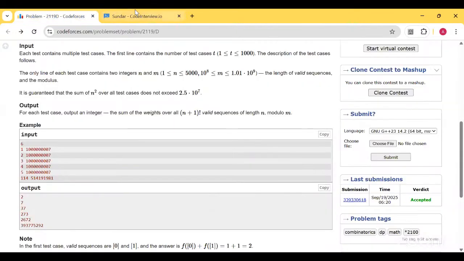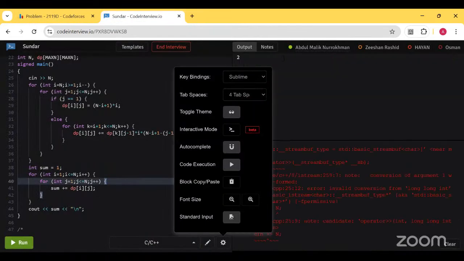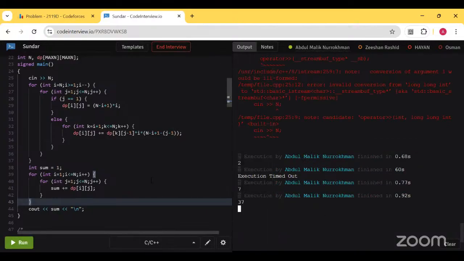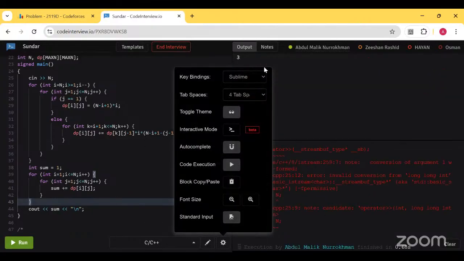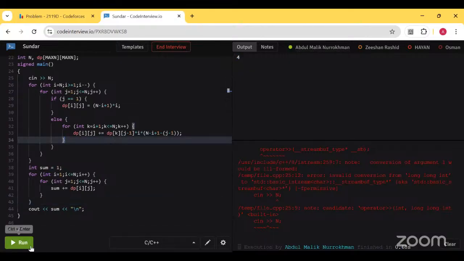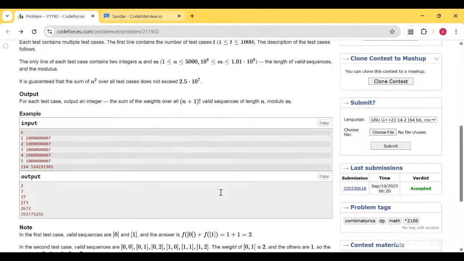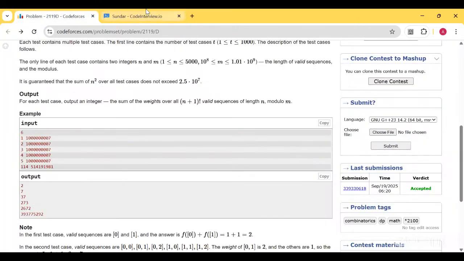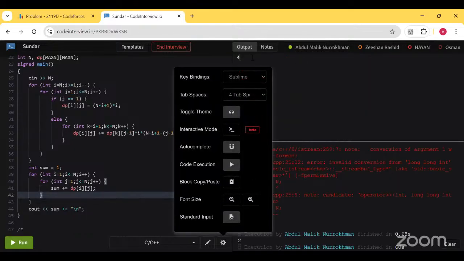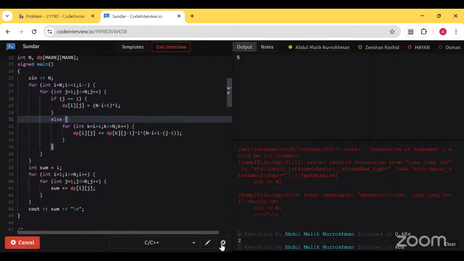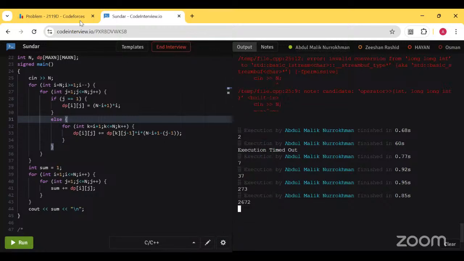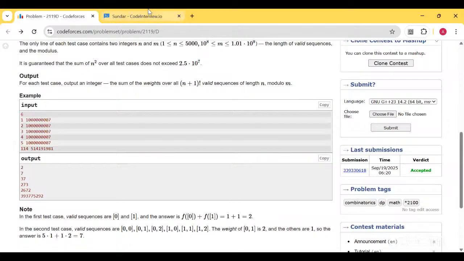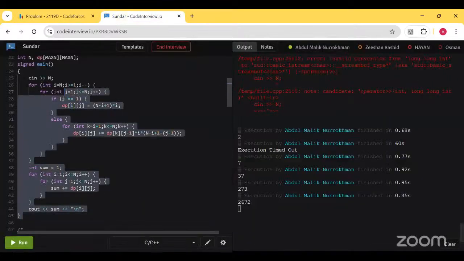Yes, it is correct. What if n is 3? Okay, 37. What if this is 4? Okay, 273. If it is 5, okay, 2672. All right, so this formula is correct.